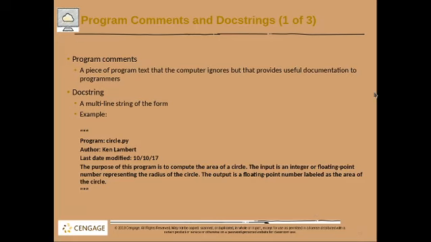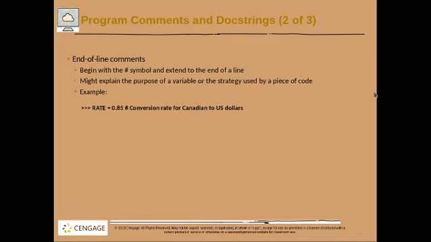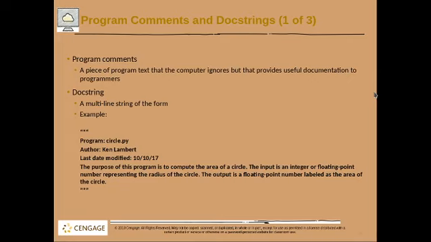Okay, continuing on with our lecture, let's discuss program comments and docstrings. Program comments are a piece of program text that the computer ignores but that provides useful documentation to programmers. A docstring is a multi-line string of this form, usually enclosed in three quotation marks.